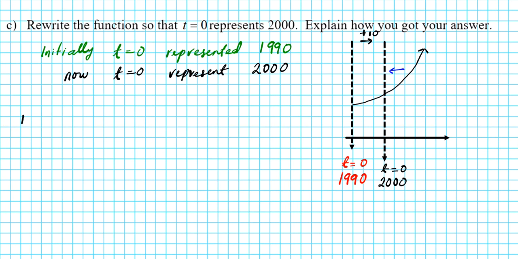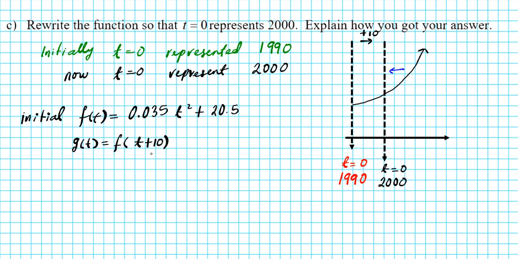So the initial function f of t is 0.035 t squared plus 20.5. Now the new function, let's call that g of t, is going to be f composed with t plus 10. This shifts the graph to the left by 10 units, which results in the y-axis being shifted to the right to its new starting value.